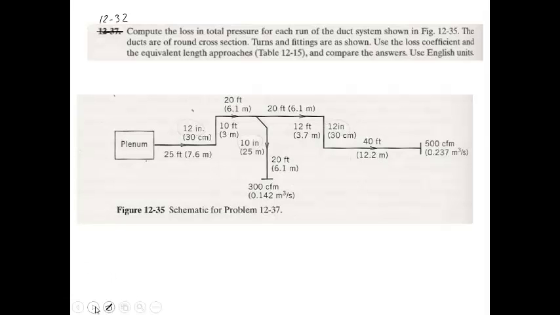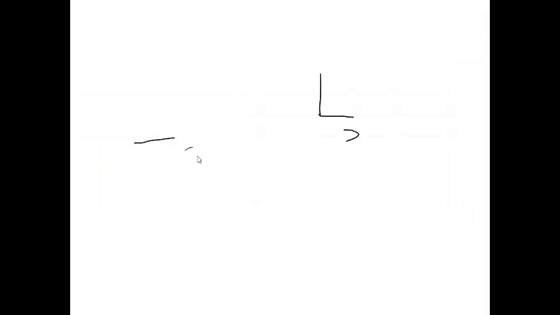Excuse me, sorry. And then converging would be the opposite. Here would be a 90-degree T converging, where flow merges, 45-degree merging, and so forth and so on.